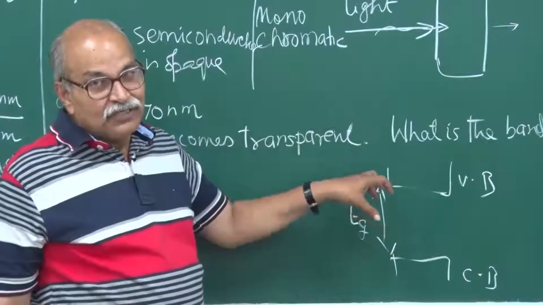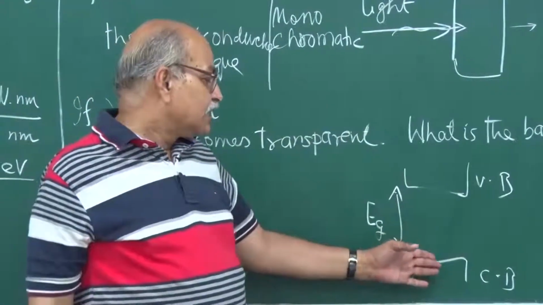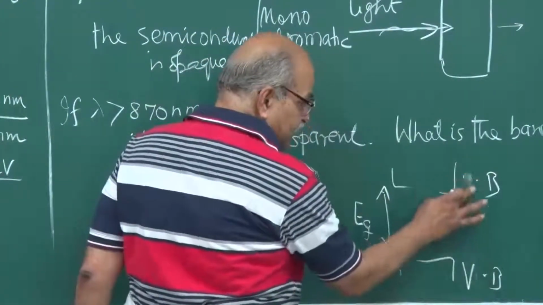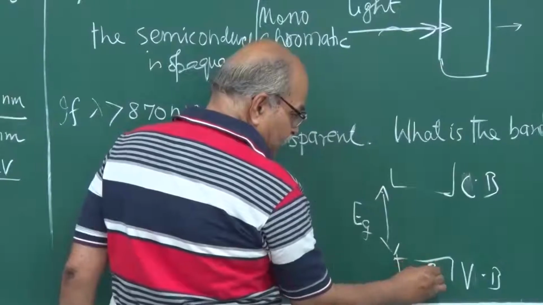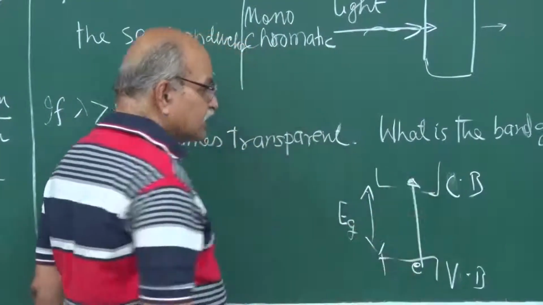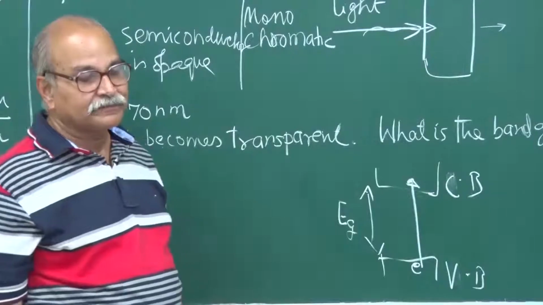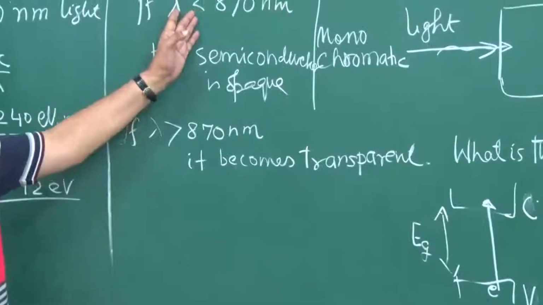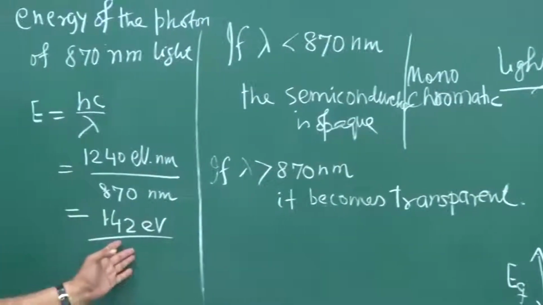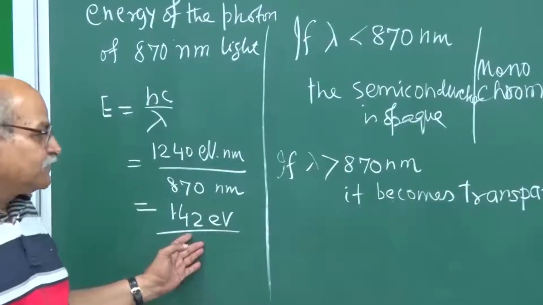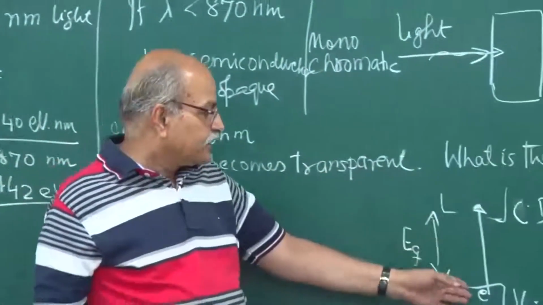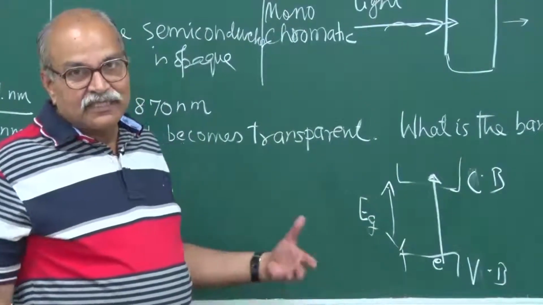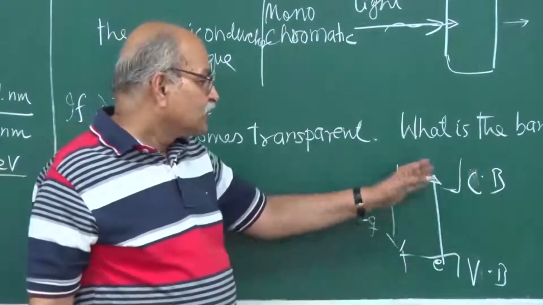Then this photon of 1.42 eV can get absorbed and can take an electron from this valence band to this conduction band, right? And if the wavelength is still smaller, the photon energy is larger than 1.42 eV, then also this photon can get absorbed and this electron can go here, and some energy will be dissipated as thermal energy. So this process is possible.